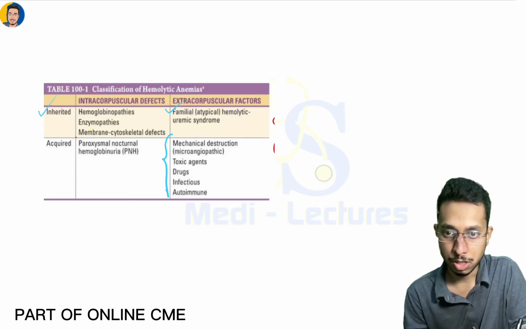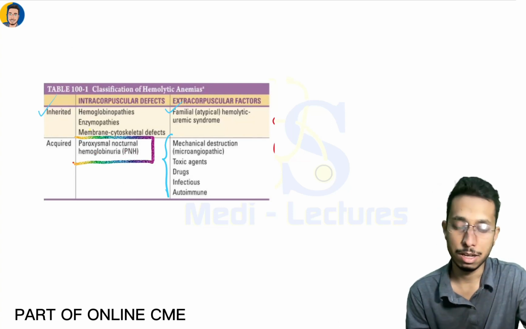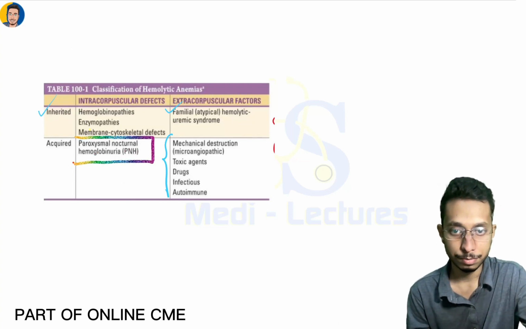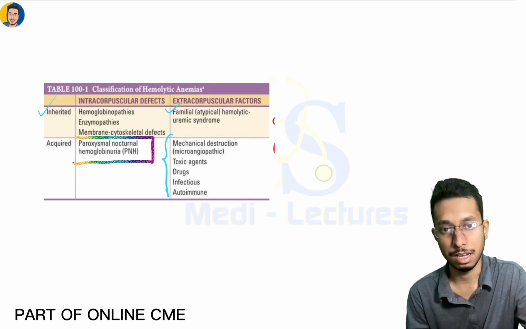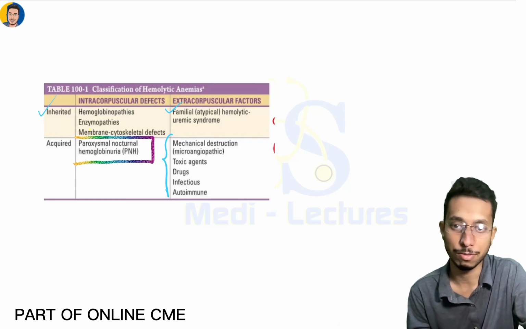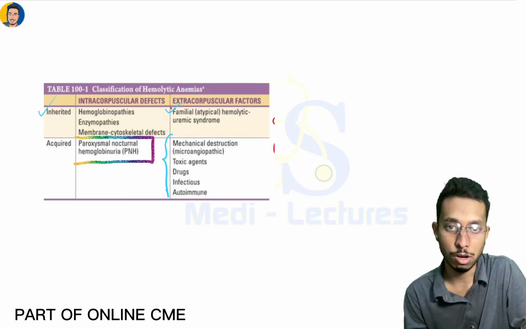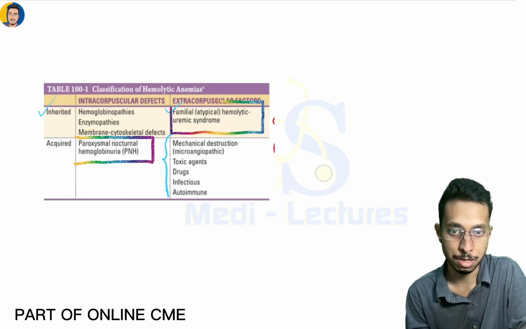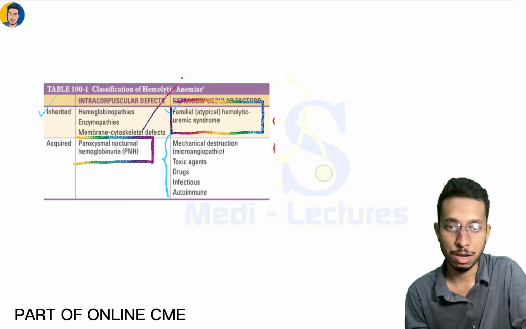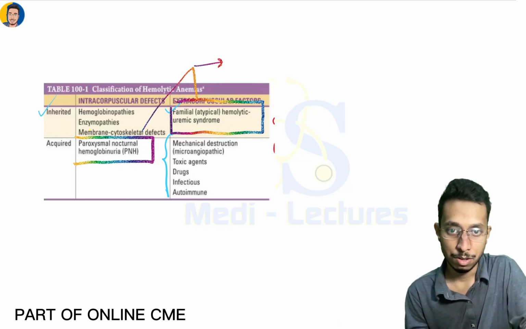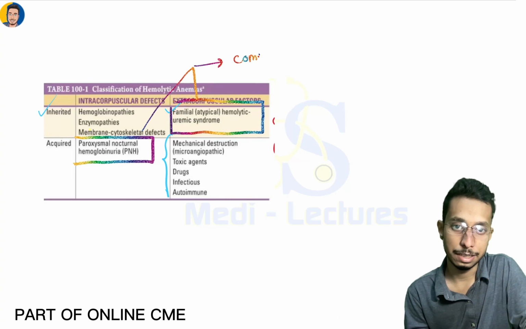So these exceptions can be asked multiple times in exams, like which of the following are causes of acquired extracorpuscular hemolytic anemia except, or all of the causes are causes of inherited intracorpuscular hemolytic anemia except. Questions can be framed from these exceptions. Now these two exceptions have one common factor, that both are complement mediated, and we will see this subsequently in the next modules.